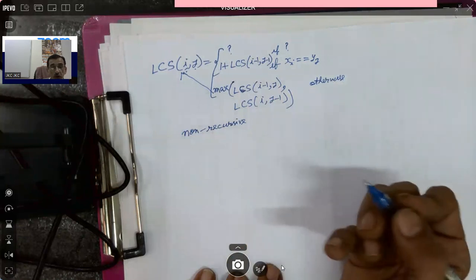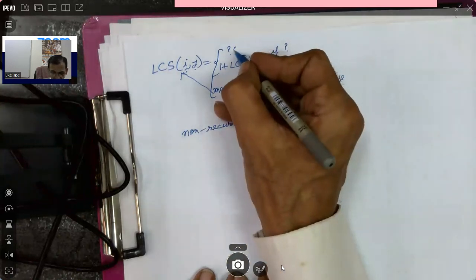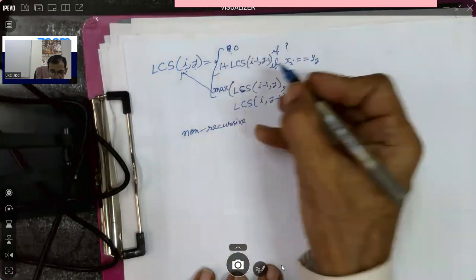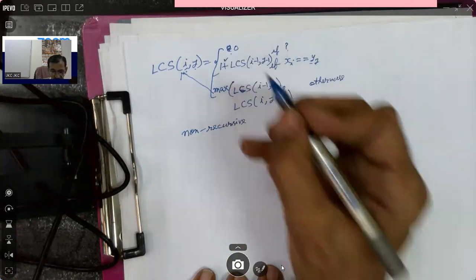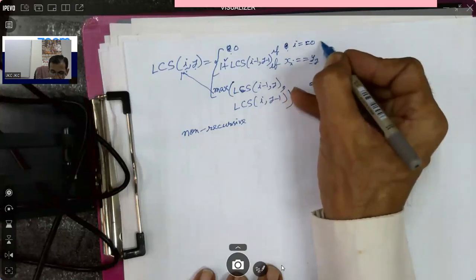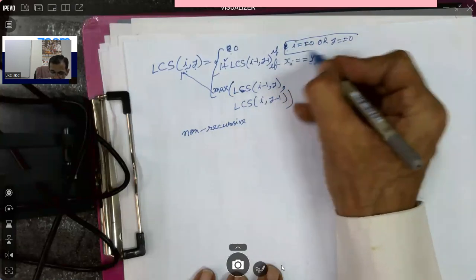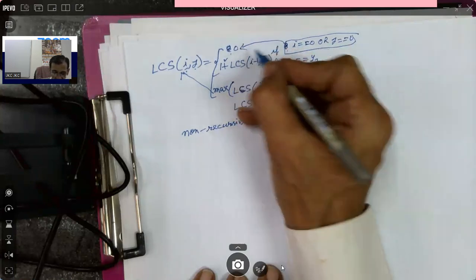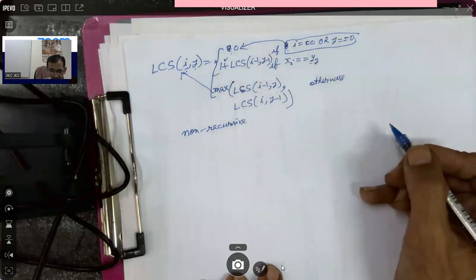When it is non-recursive, the answer is simple. What will be the possibility? This will be 0. Because even if there was one character and both match, this still works. So if one of the lengths is 0, if i equals 0 or j equals 0, I can guaranteedly say the length of the longest common subsequence is 0, because then one of the strings is empty.